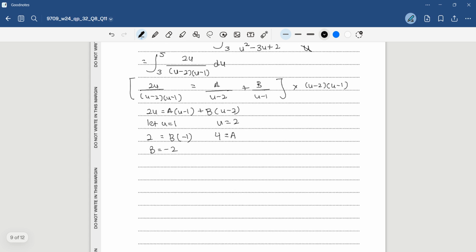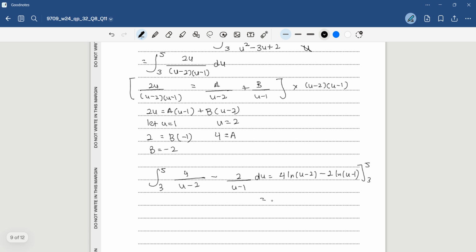Okay. Therefore, the integral of this I can rewrite as the integral from 3 to 5 of 4 over u minus 2 minus 2 over u minus 1 du, which is going to give me 4 ln(u minus 2) minus 2 ln(u minus 1), from 3 to 5.